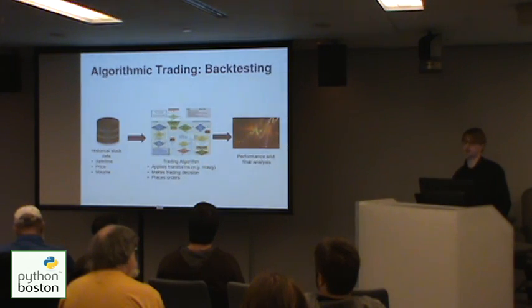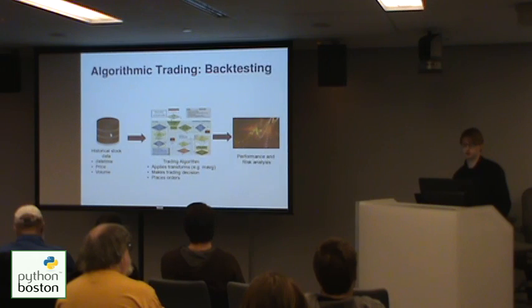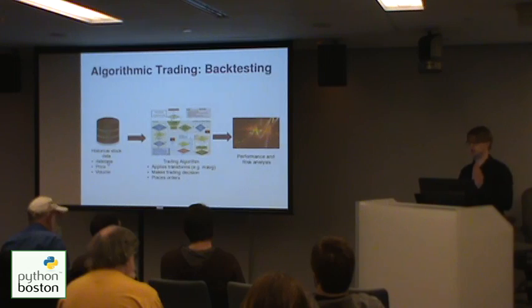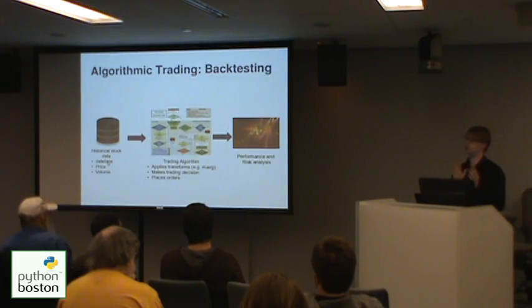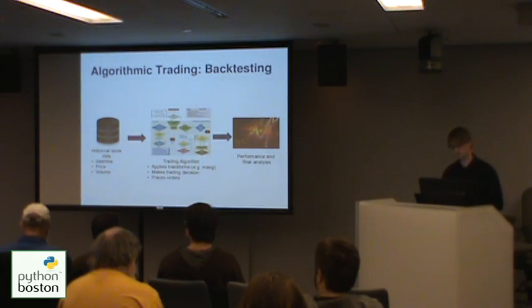But in general, the way backtesting works is you have your database. So you have just the historical stock data, and that contains basically the date times, and for each time point you have the price information and volume and other indicators for a given security.